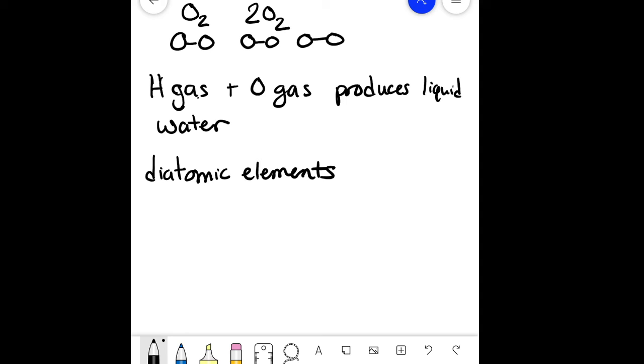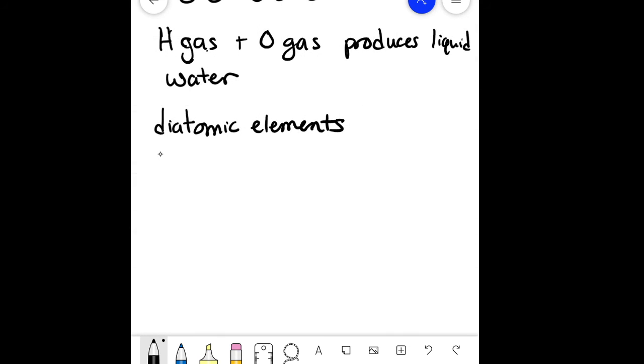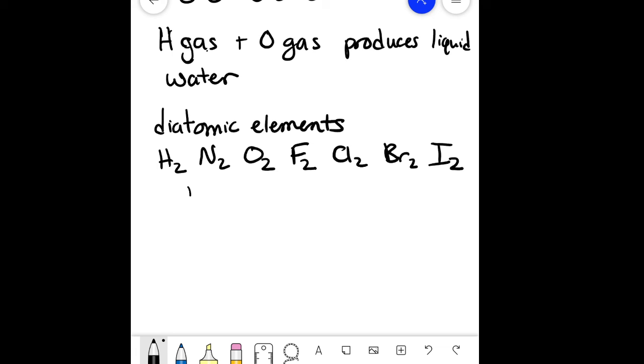These are nonmetals that go in pairs. If they're written by themselves, you won't write them without a subscript of 2. So that's going to be hydrogen, nitrogen, oxygen, fluorine, chlorine, bromine, and iodine. There's a little acronym, Brinkelhoff, if you like acronyms. That's how you can remember. And these all come in 2s.